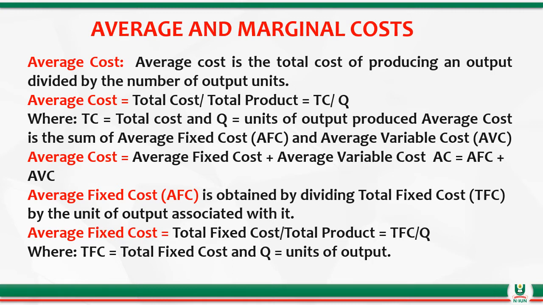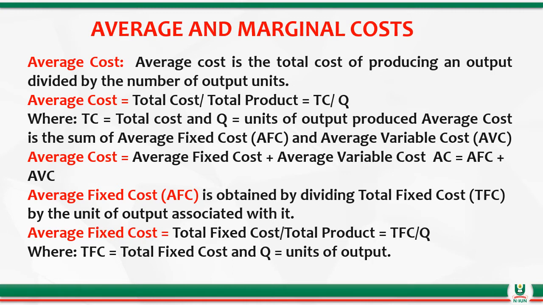Okay, sorry. Average cost is the total cost of producing an output divided by the number of output units. That is total cost over total product. How much is the total cost divided by the total products obtained? Where TC is the total cost and Q is the unit of output produced.